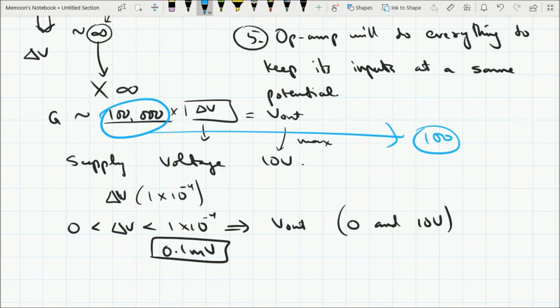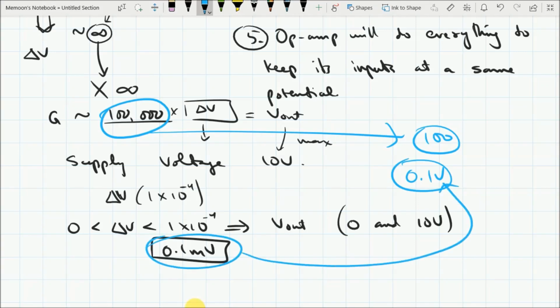What would be the allowable range of the input before the output is saturated? Now in this case, 0.1 volts, right? Because 0.1 into 100 is equal to 10 and V out would be 10 volts and that would be saturated. So we have improved the limitation on our input voltage by a factor of 1000 by reducing our gain by a factor of 1000.